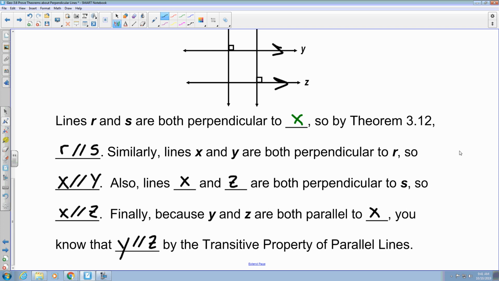So that's how we fill in the blanks for the explanations for that diagram.